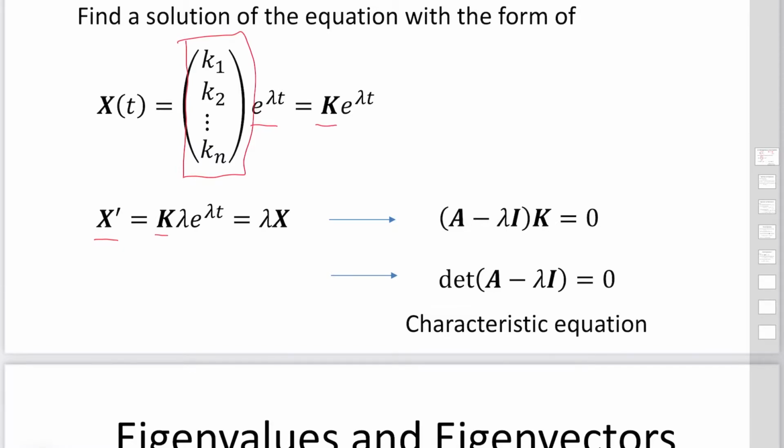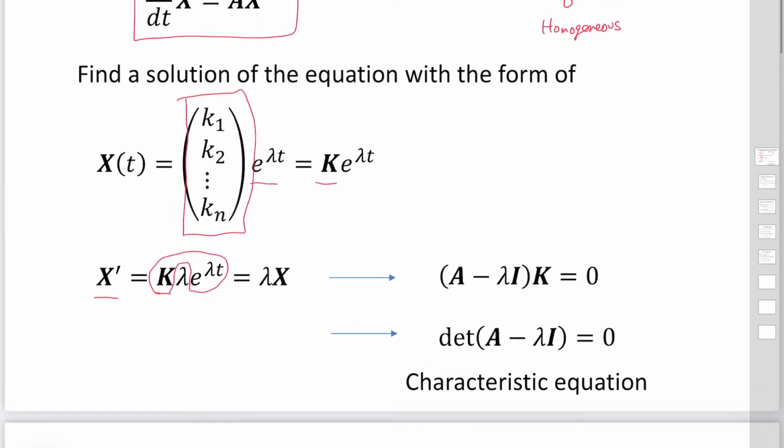K is a constant vector, and the derivative of the exponential function becomes lambda exponential lambda t. So K times exponential lambda t is equal to x, and x prime is equal to lambda x.